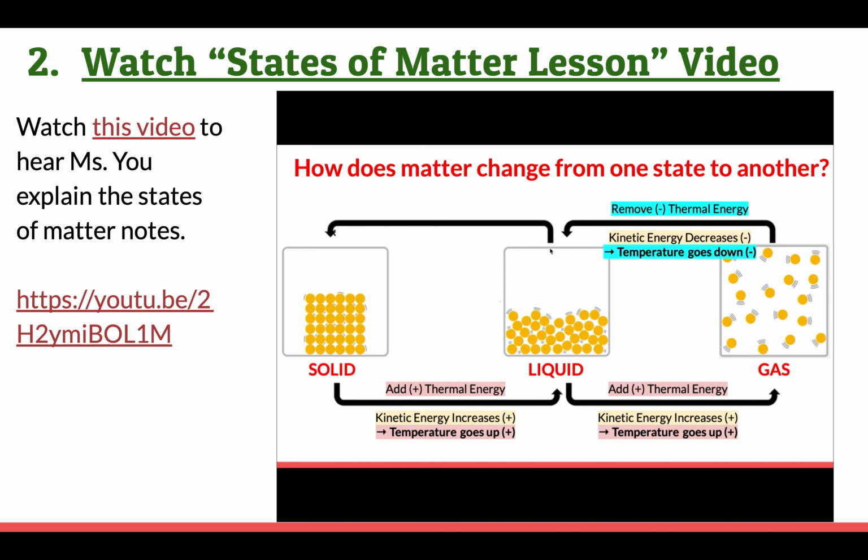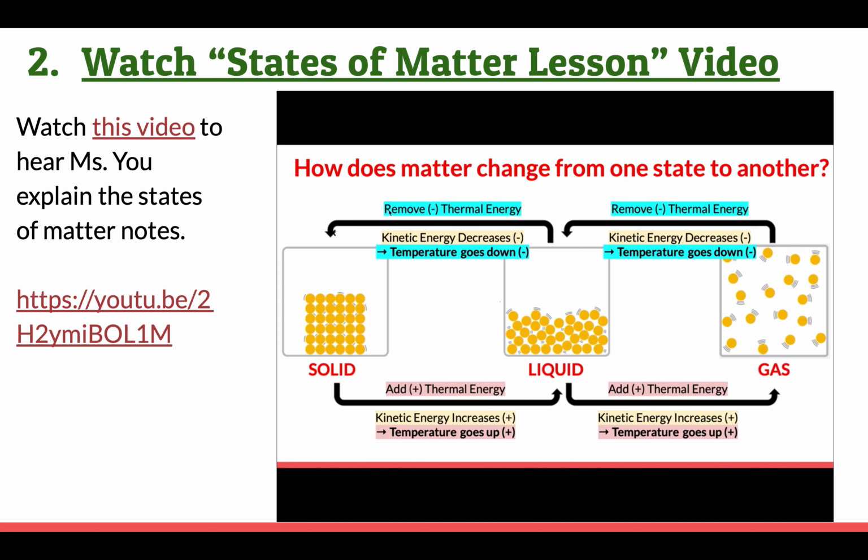Now, how can we go from a liquid to a solid? Again, same thing, we have to remove thermal energy. So imagine putting liquid water into the freezer. When you put liquid water into the freezer, you're going to be removing thermal energy from the liquid water.